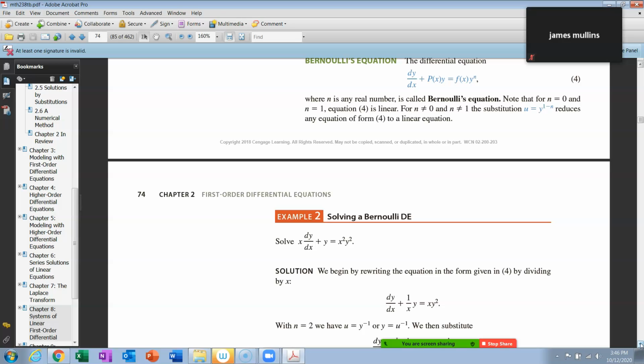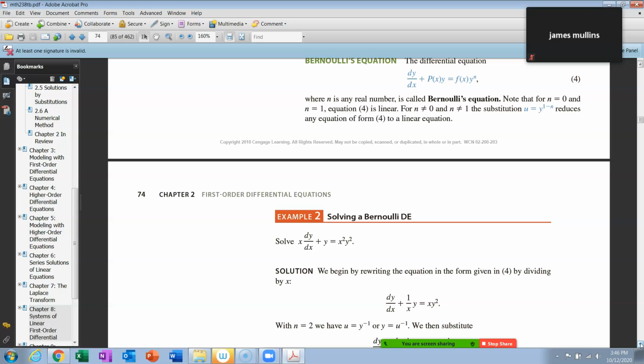Homework exercises here. You can do any of the odds 1 through 9 on page 75 that are in the back of the book. Do either 11 or 13 if they're in the back of the book, and stop there because the next is a Bernoulli equation and we haven't done those yet.